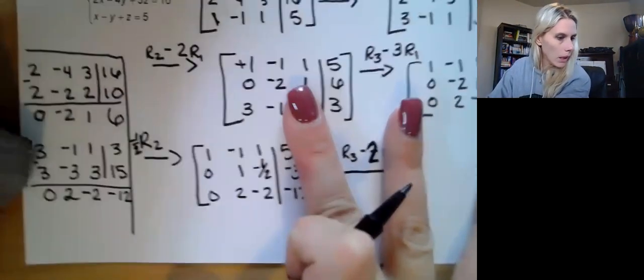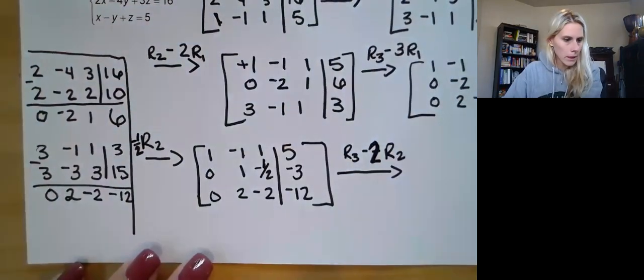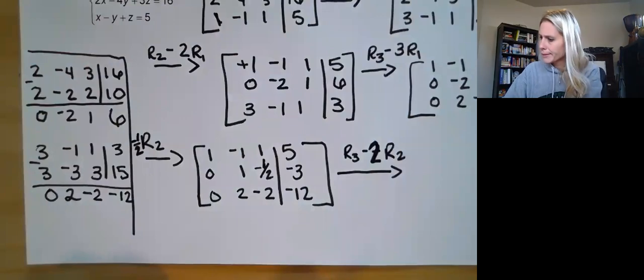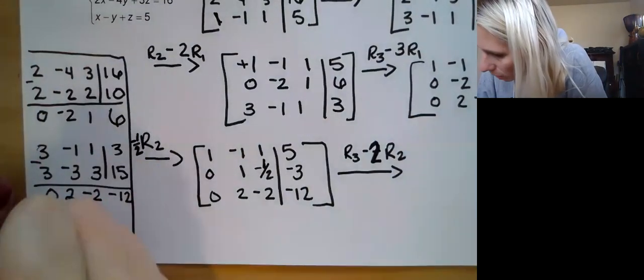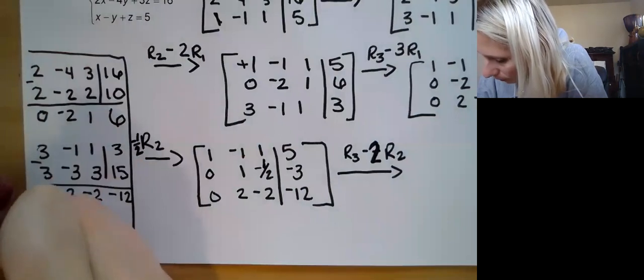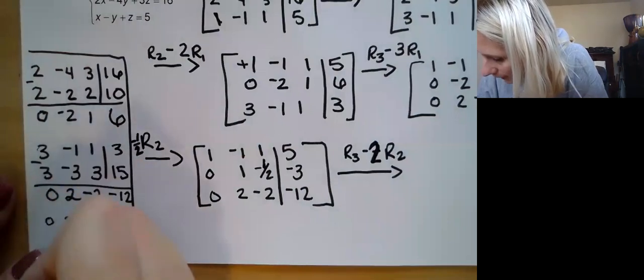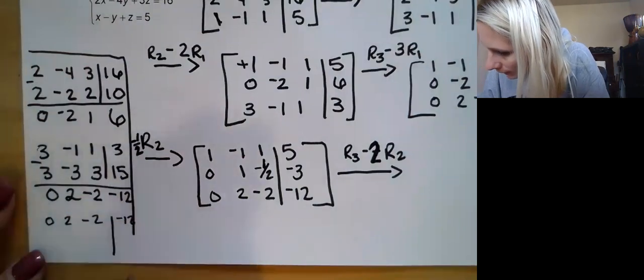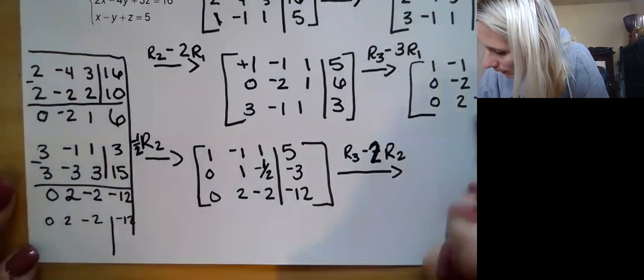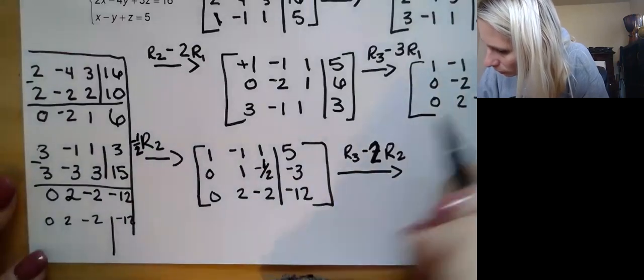All right, looks like I'm running out of room in my workspace, huh? I just want to make sure this comes out right. Okay, ready? So I have my row 3, which is 0, 2, -2, -12. And I have to multiply by 2 here, right?